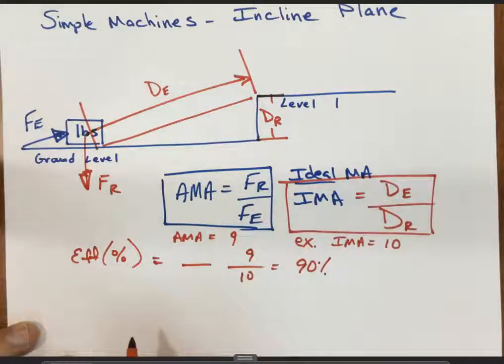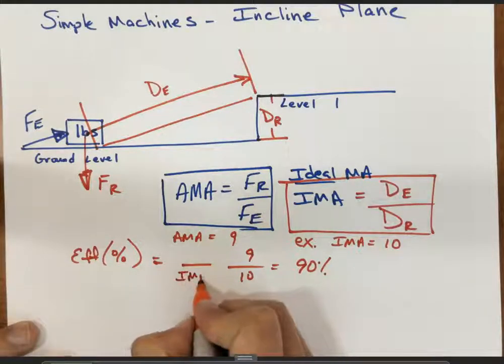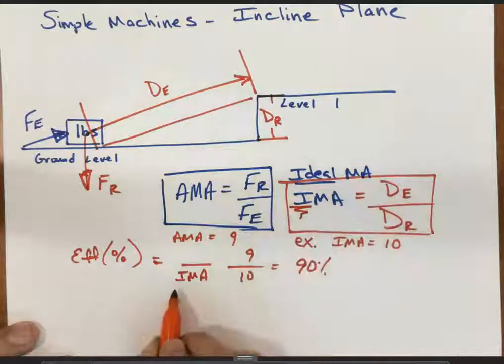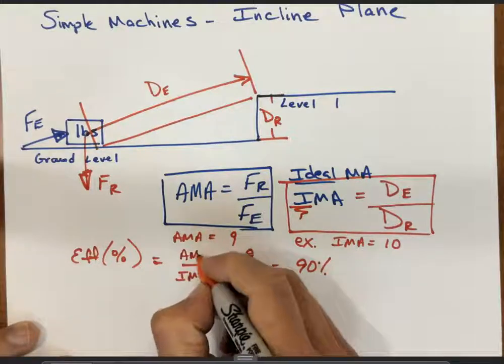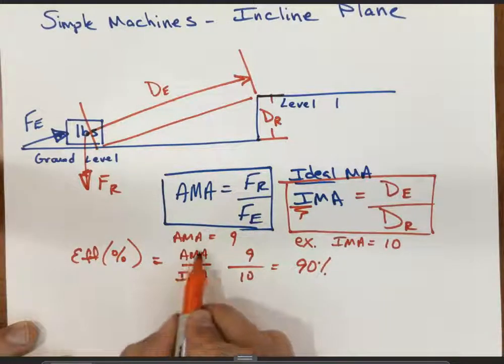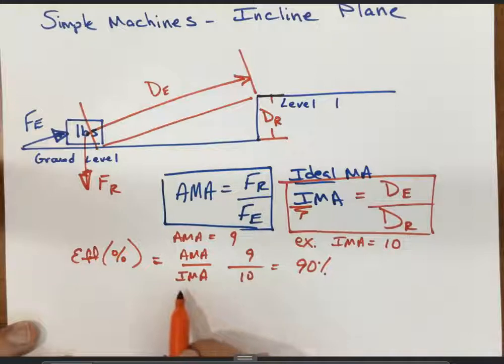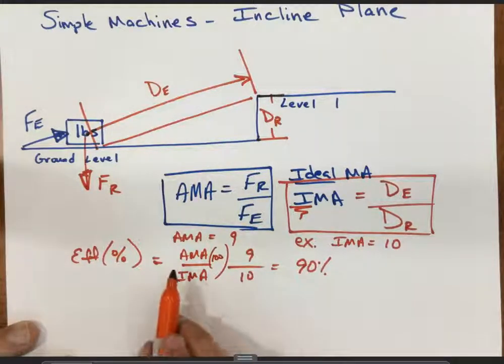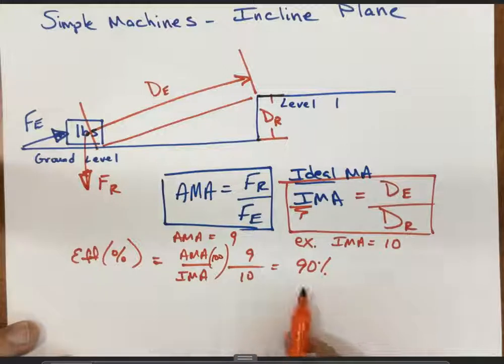Well, the formula is to take the best possible you could get, which is the ideal, that's in theory the best you could get, and divide the actual by that. So what did I actually get divided by what I could have gotten, and that'll give you a decimal like 0.9, and then we multiply by 100. So AMA over IMA times 100 will take that 0.9 and turn it into 90%.